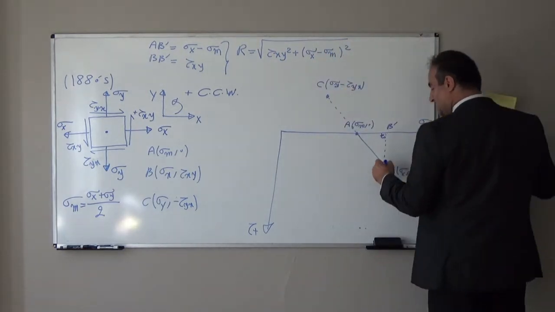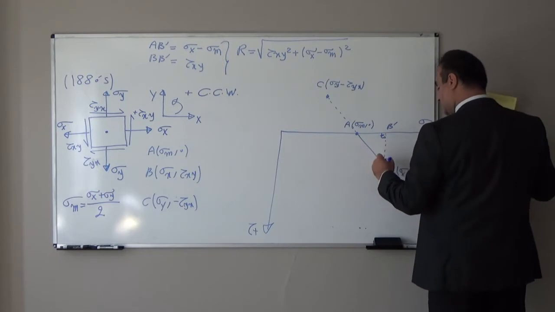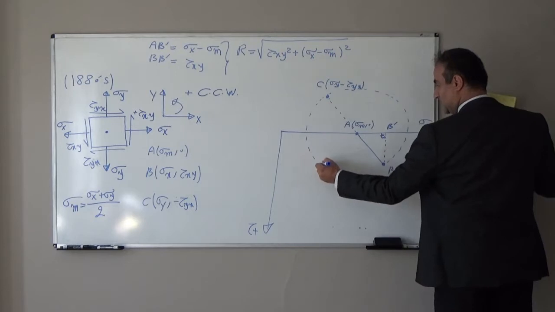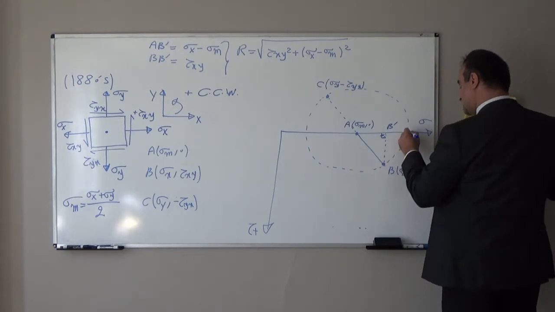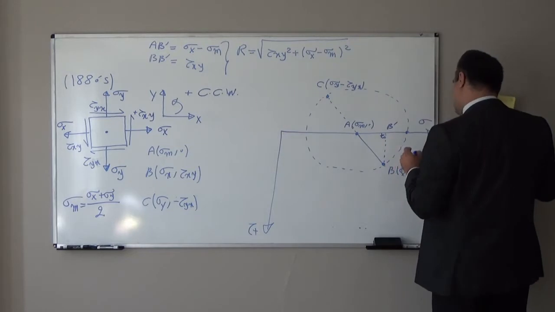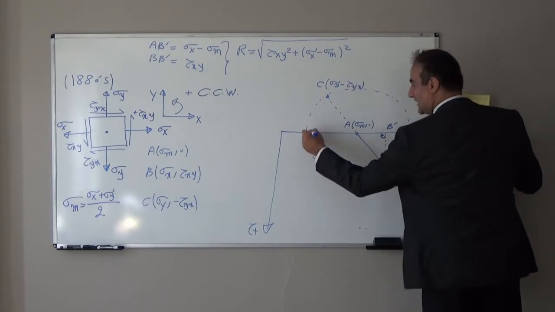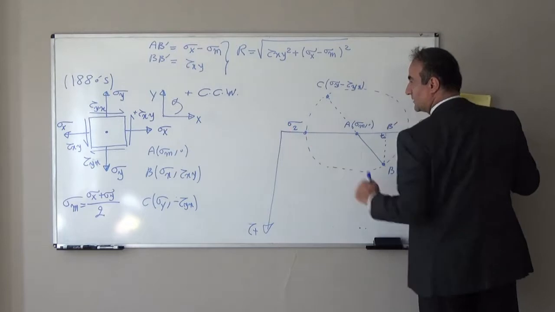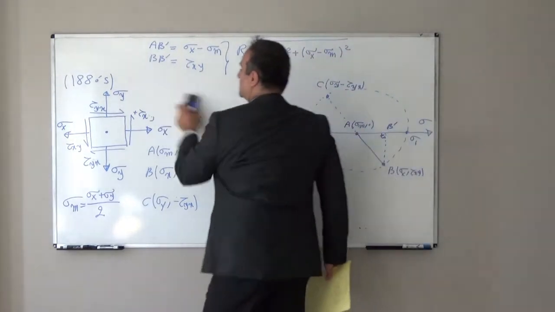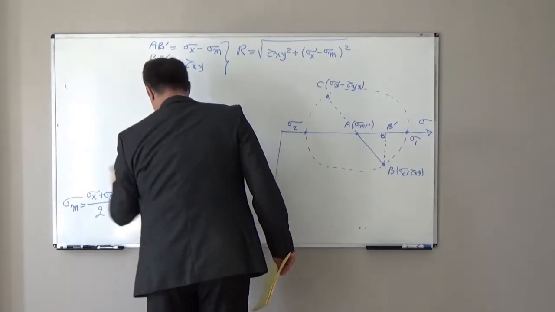If we rotate this radius with respect to point A, we will create one circle. The intersections of this circle with the horizontal axis we will call sigma 1 and sigma 2. It is easy to understand.